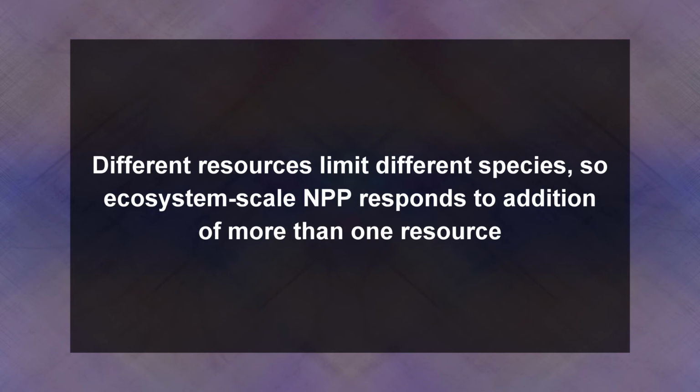Different resources limit different species, so ecosystem scale NPP responds to the addition of more than one resource. Every species in an ecosystem has slightly different environmental requirements and therefore will be limited by different resource combinations. Tundra species, for example, differ in their response to temperature, light, and nutrients, and in some cases to the addition of nitrogen versus phosphorus.